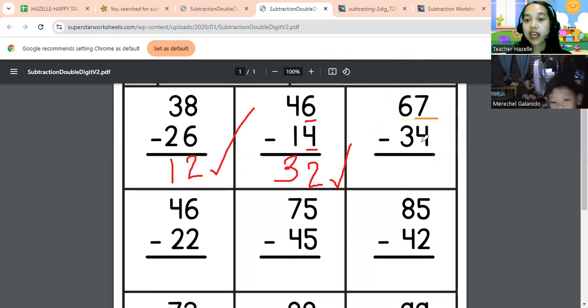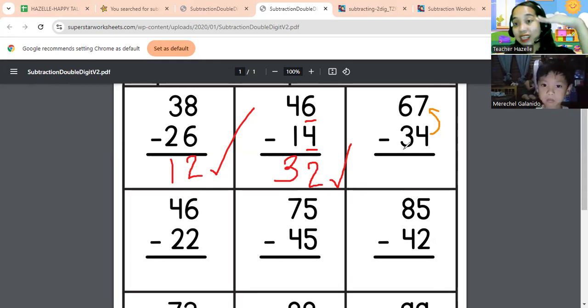Let's start first with 7 minus 4 equals how many? Remember, you have to count from 4 until you reach 7. What is the next number? We are subtracting.